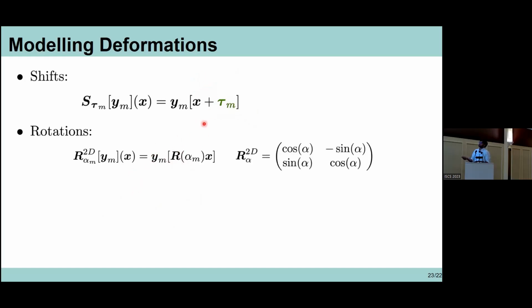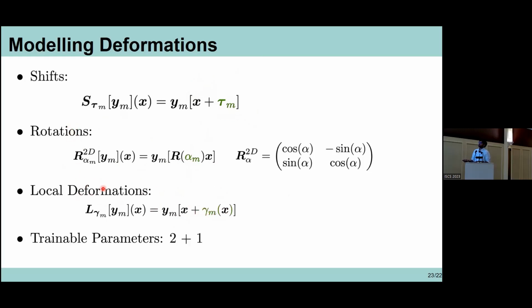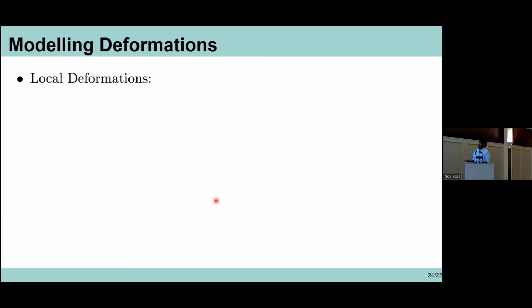Similarly, for rotations, we model the in-plane rotation using the number alpha m. And for local deformation, which is slightly more involved and which I show in the next slide, we have a trainable function gamma m. So including shifts and rotation, we have only 3 parameters to estimate per projection.